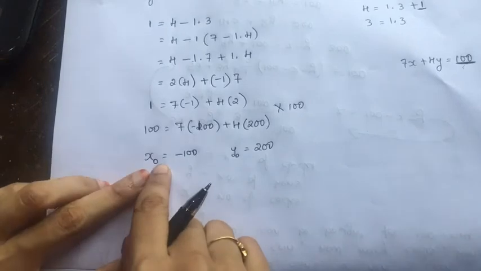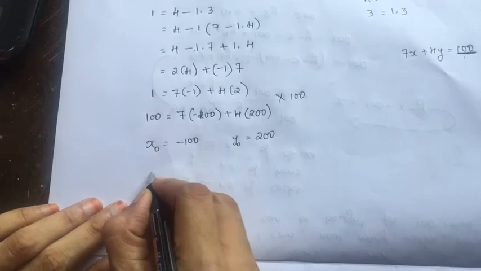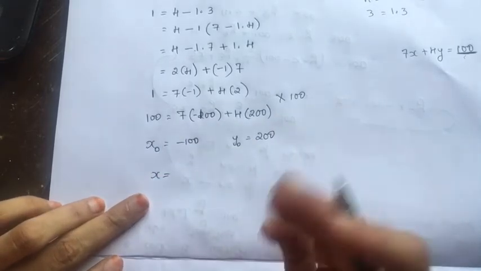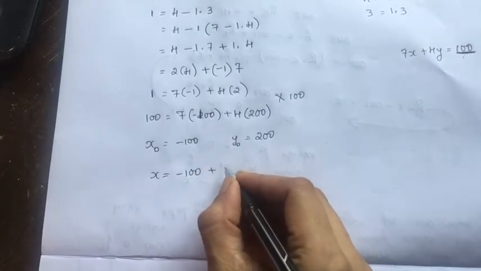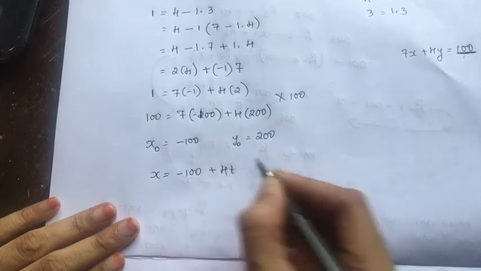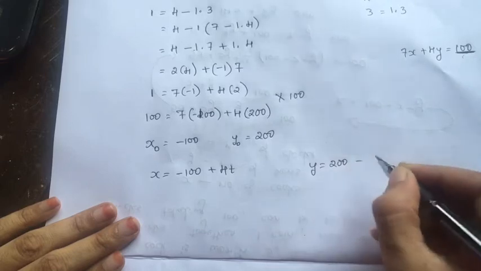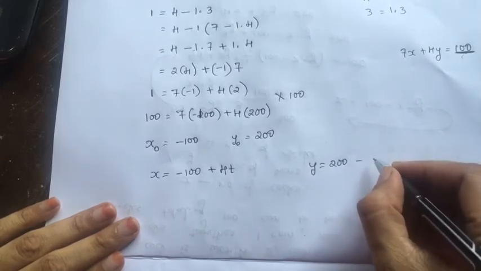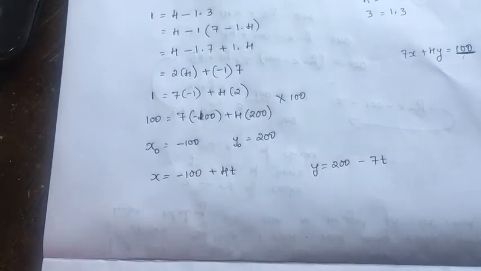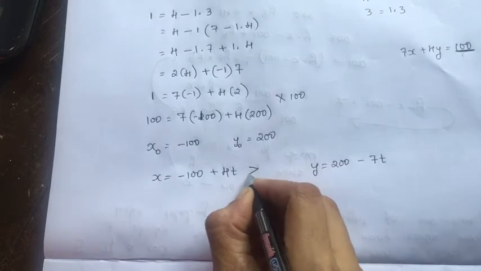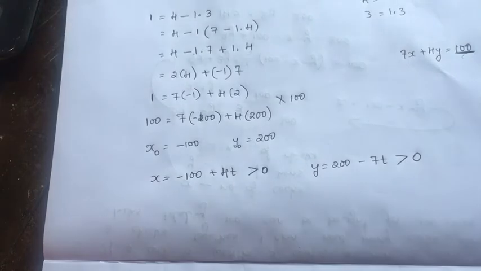So if I consider this as a particular solution, then the general solution turns out to be x equal to x naught plus a by d into t, that is x naught plus a by d into t. So this will be 4t, and y is y naught minus b by d into t. b by d turns out to be 7t, right? Since x and y must be positive, this value should be greater than or equal to 0, and again this has to be greater than 0.